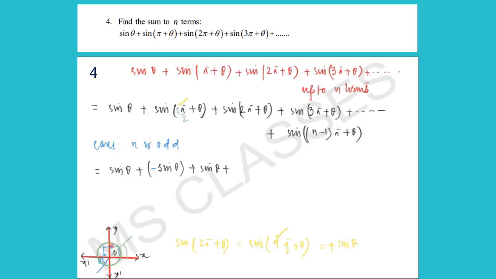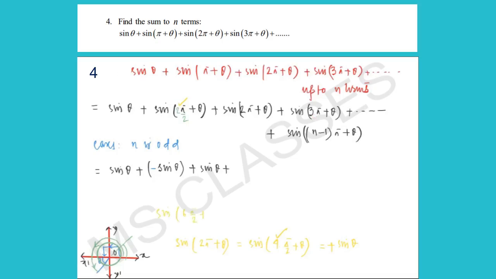Then we take another pi plus something. So that will be in which quadrant? Third quadrant again. Third quadrant sign is negative.